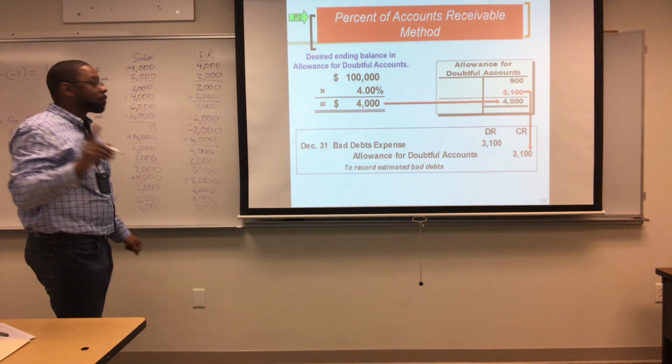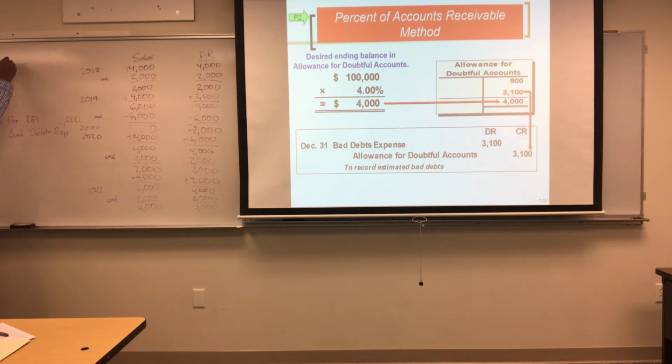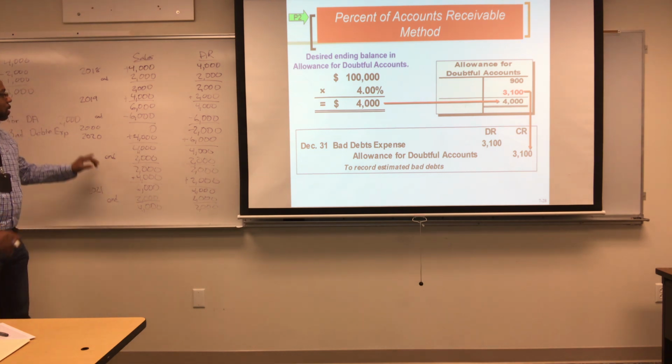But now we're only going to hit it for $1,000. 4,000 minus the 2,000 that we took out here, add another 1,000, and we're going to end up with 3,000 in the pot.